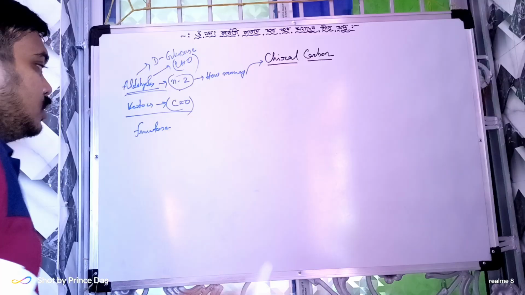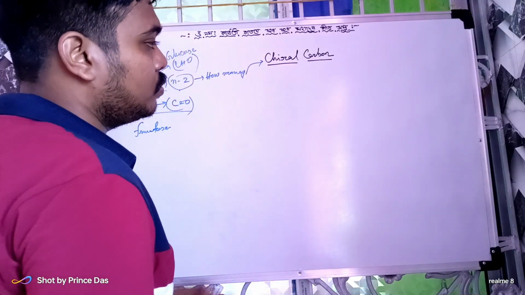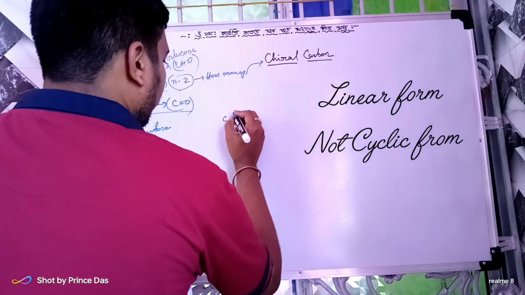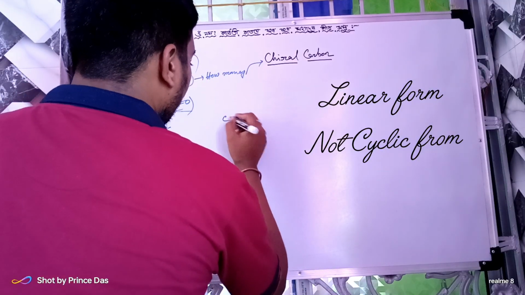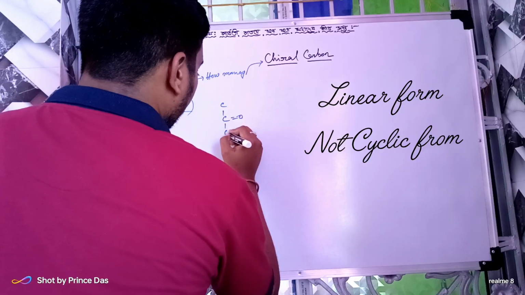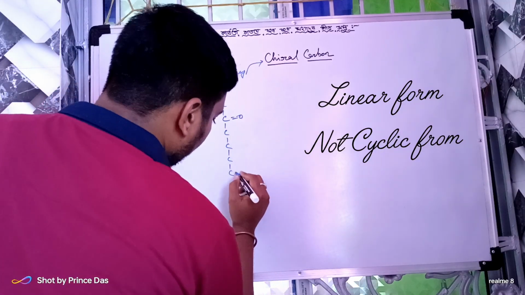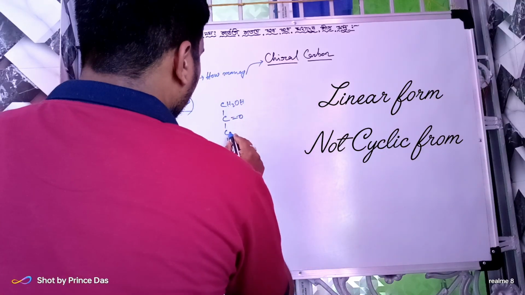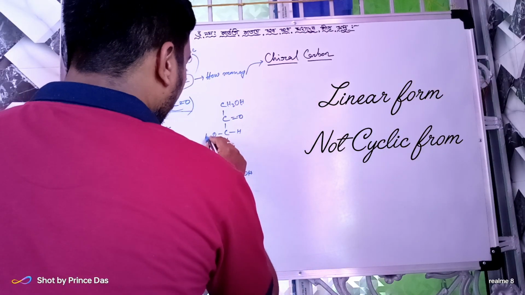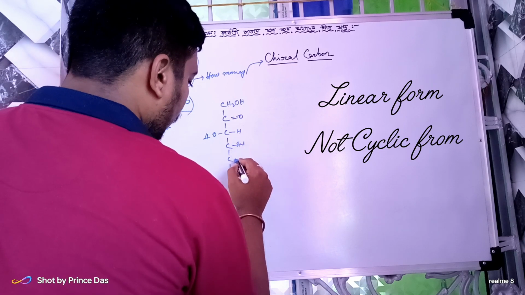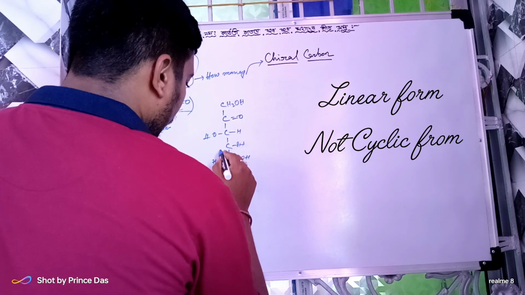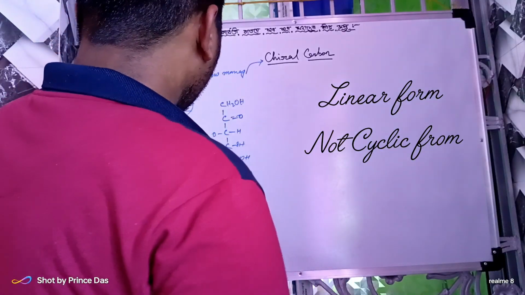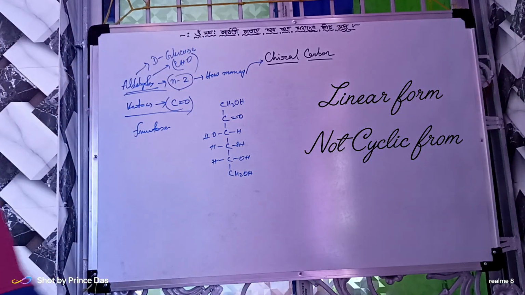So for fructose, let's draw the structure. So it's fructose, and it's D-fructose.